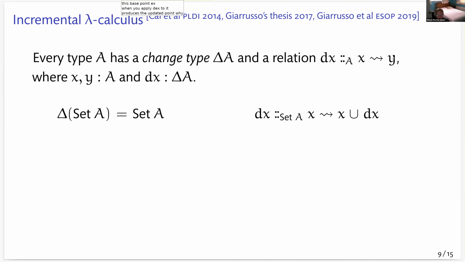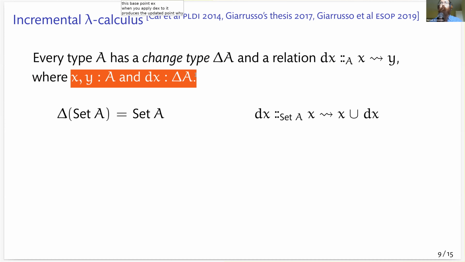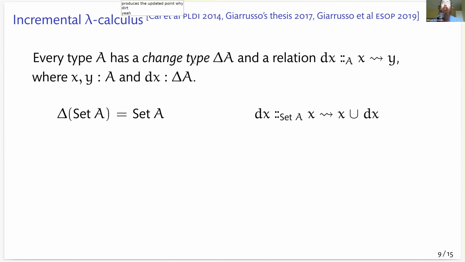Okay, and so x and y have type A and dx has type delta A. Correct. Okay. Oh, sorry. Thank you. Yeah. Perhaps I should have put this first. Sorry, I was just doing left to right parsing. Beg your pardon. Yeah, no, fair enough. Yeah. This construct called where, Simon, you know. Yeah, I know. No language can have that.